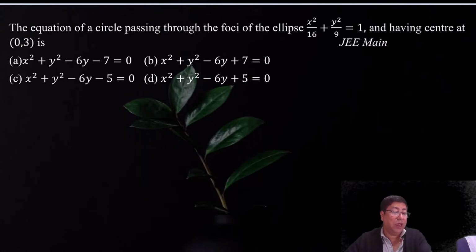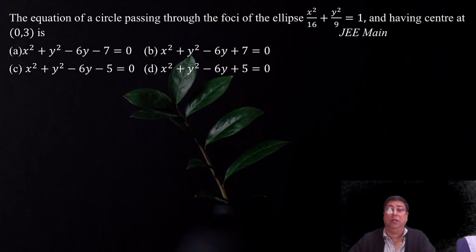The equation of the circle passing through the foci of the ellipse and having the center (0, 3). What is to be done?